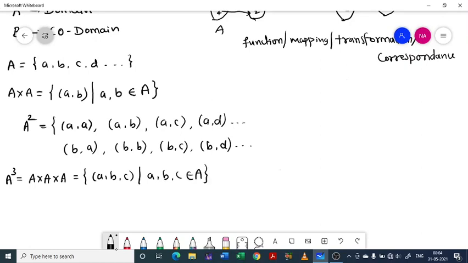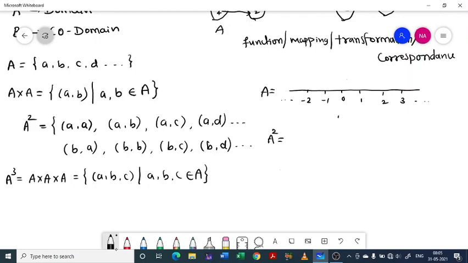See, earlier, if you recall your school life, we started our study with the number line: 0, 1, 2, 3 and so on, and this side -1, -2 and so on. So this is called the number line. Then we considered the product of the number line with itself, that is R square. How does this R square look like?